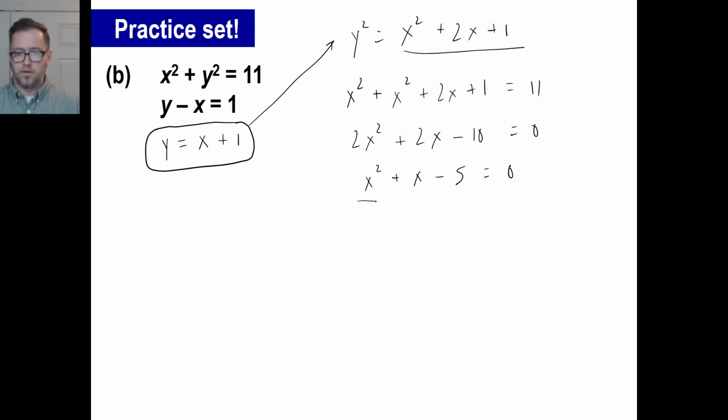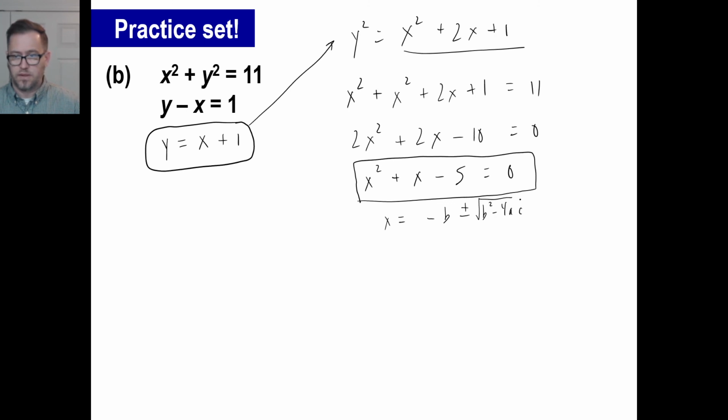And here's where my nice quadratic equation comes into play. x equals -b plus or minus the square root of b squared minus 4ac, over 2a. I got a 1 there, I got a 1 there.